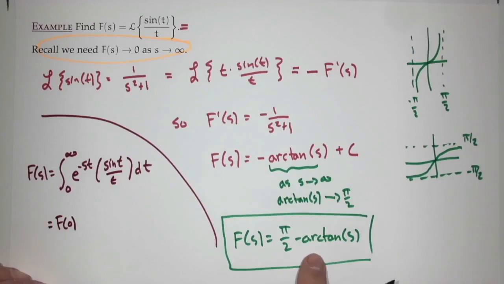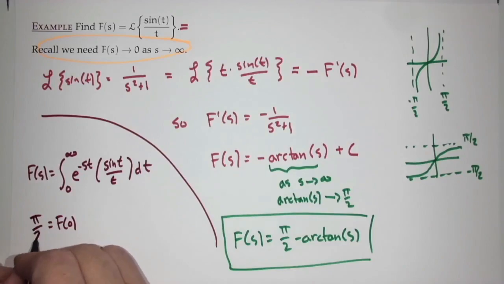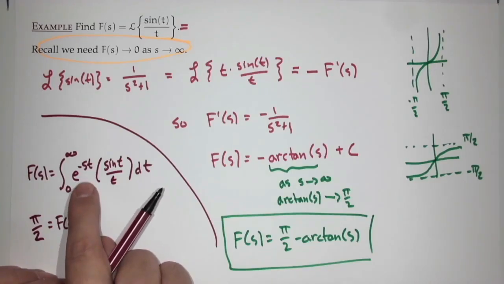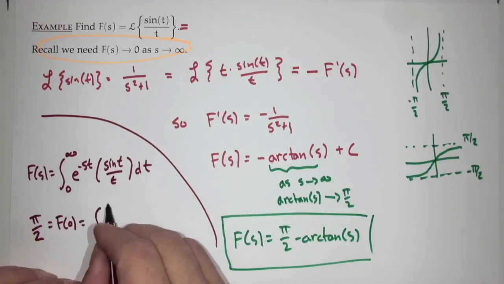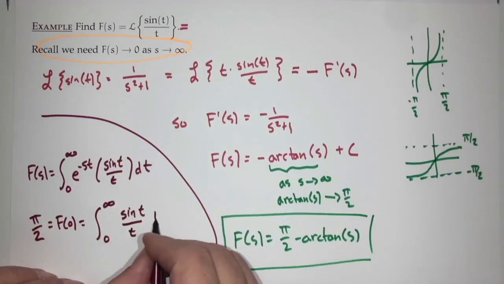Well, plug 0 here. What do you get? 0. Arctangent of 0 is 0. Pi over 2. What happens when you plug 0 here? The e to the minus st becomes 1. So pi over 2 is equal to the integral from 0 to infinity of sine of t over t dt.